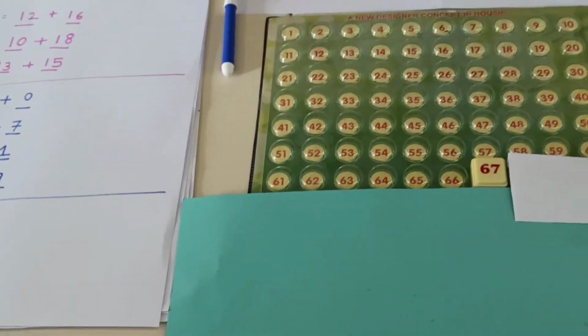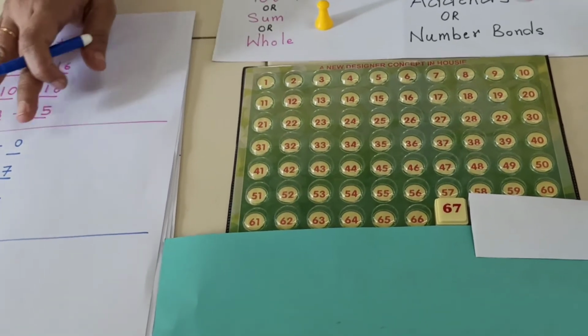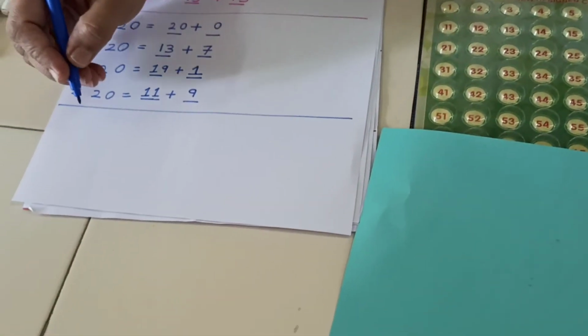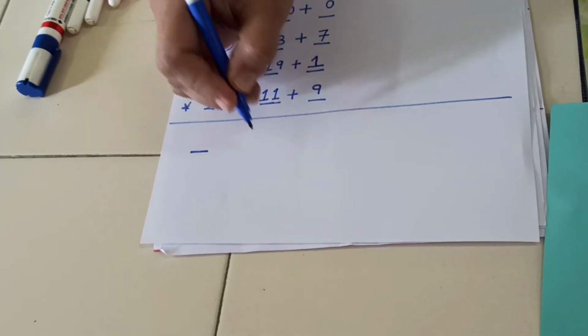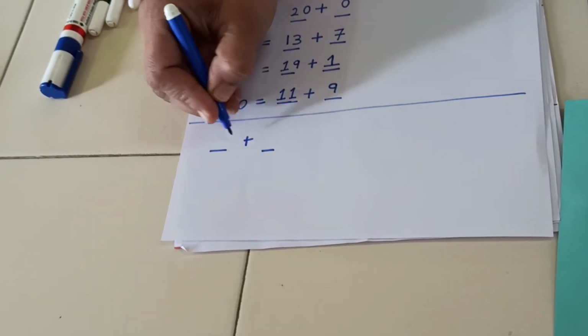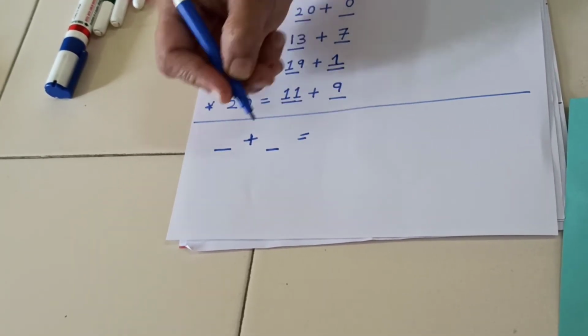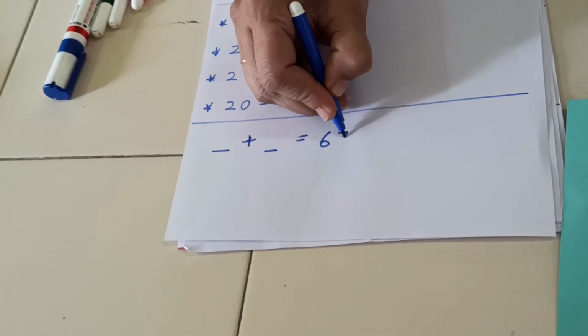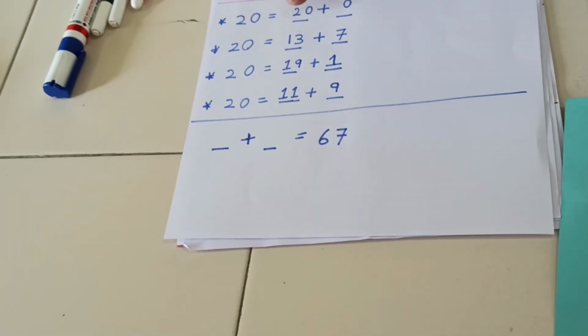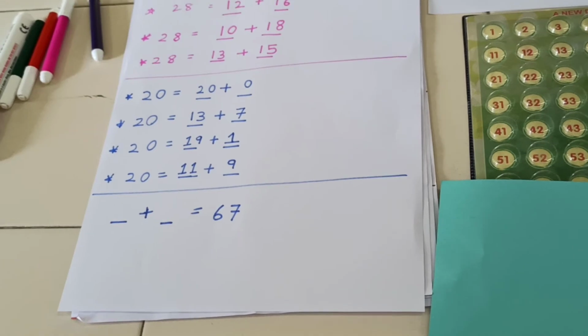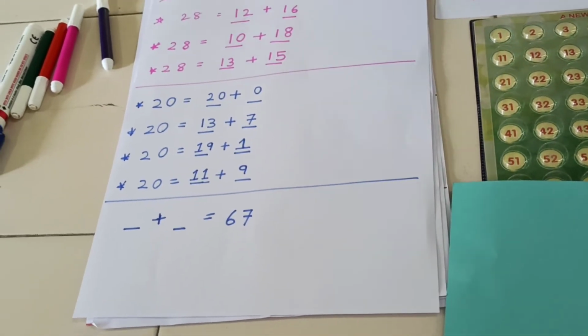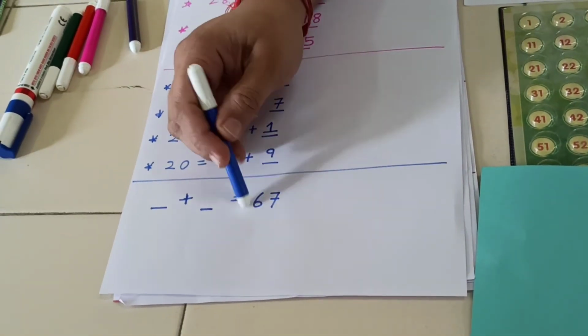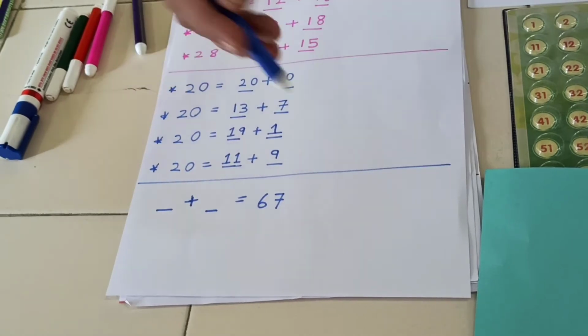Okay, now this time I'll write it this way: 2 addends is equal to 67. Does it make any difference here? No, not at all. It does not make any difference whether I write the whole number first or towards the end.